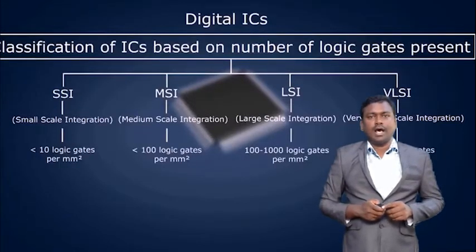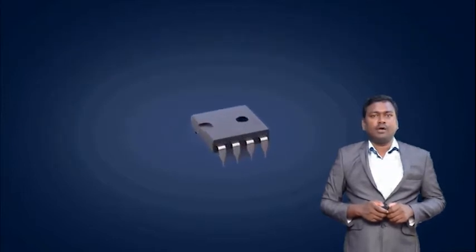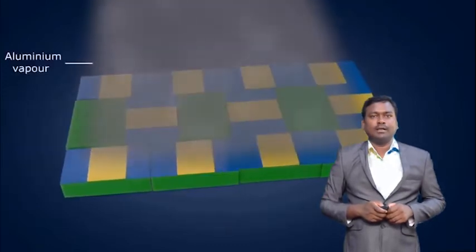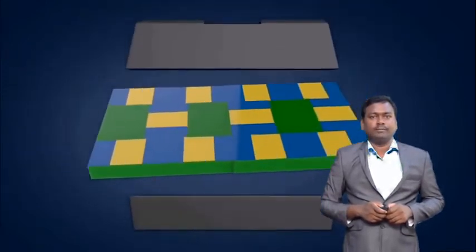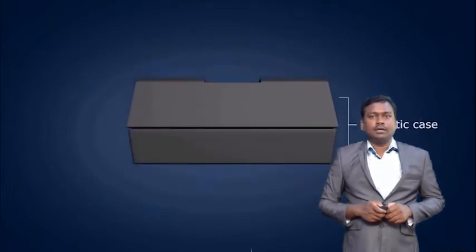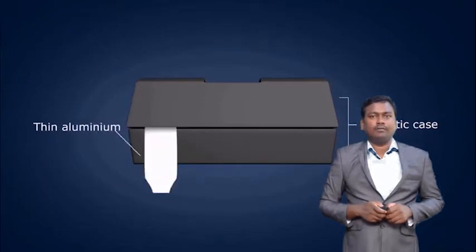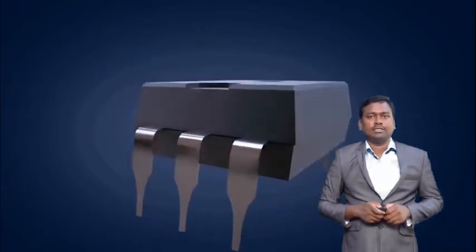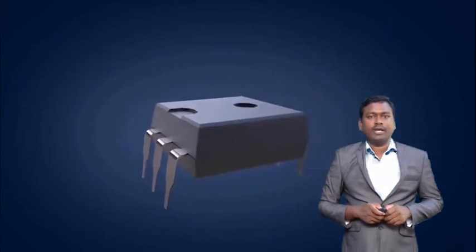If you see the IC fabrication, there are many internal components. The internal connection between the components is made by passing aluminum wafer. The chip is enclosed in a protective plastic case. Finally, with the help of thin aluminum leads, the connectors are taken out, and this is how the standard package IC is manufactured.